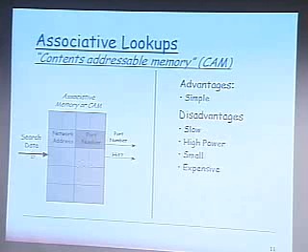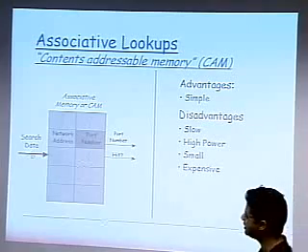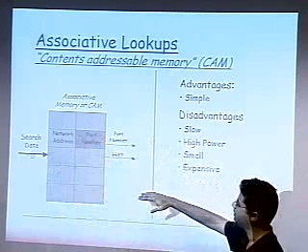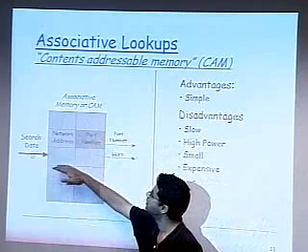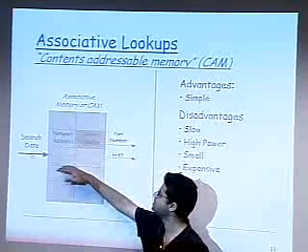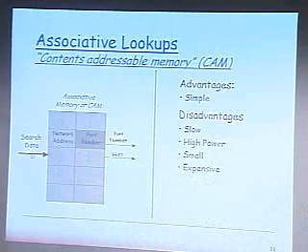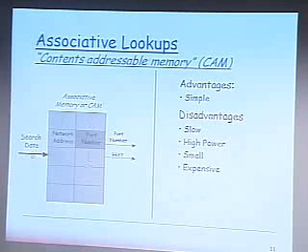So what CAMs do is, given a search data, it can associatively look up the memory address based on the search data, and it gives you a hit on the port number. So based on the content, you can get an address on this CAM in order 1 time.